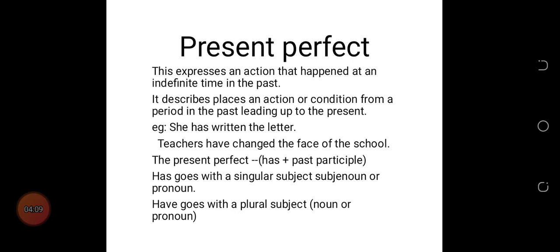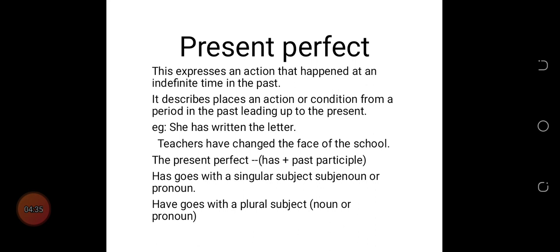So anytime you introduce has, you must go for the past participle form of the verb. Okay, so if the present tense is write, the past tense is wrote, that means we have the past participle form written. So we have she has written the letter.